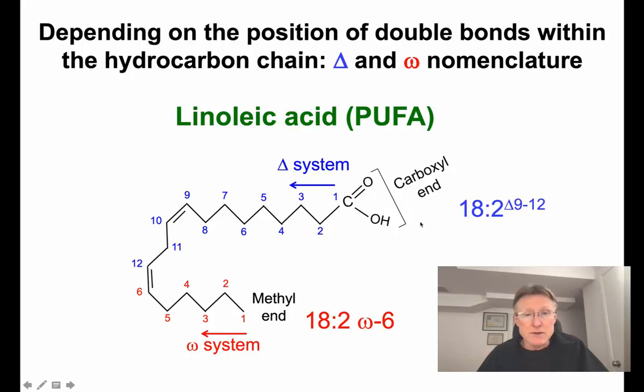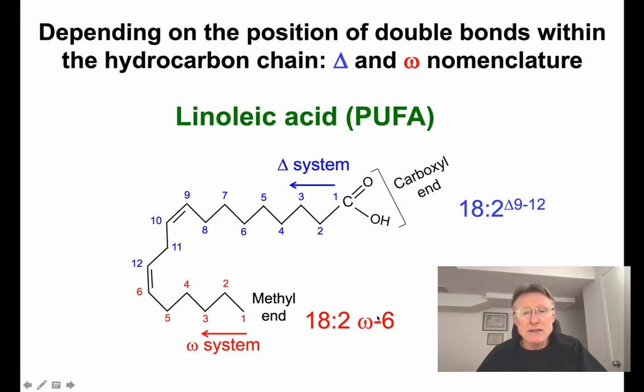Now, if you want to use the omega system, I have to start counting carbons from the methyl end. And this is what we have in red down here. So again, we have carbon from the methyl end, carbon 1, 2, 3, 4, 5, 6. So at position 6, or carbon number 6, the first double bond appears. So the notation using the omega system would be 18, because it's 18 carbons, obviously, 2 double bonds, but we only mention where the first double bond appears.